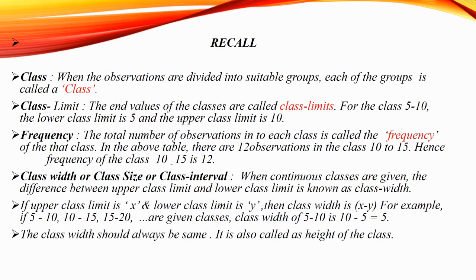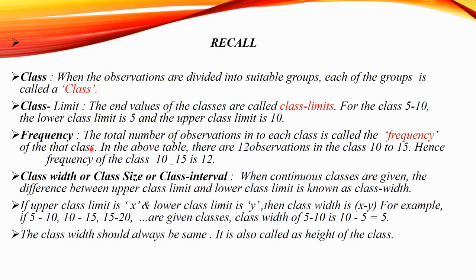We have learned about making grouped data, where we have small groups called classes. The class limits are the end values of the classes, the lower limit and the upper class limit. We have learned about frequency, that is the total number of observations in each group.